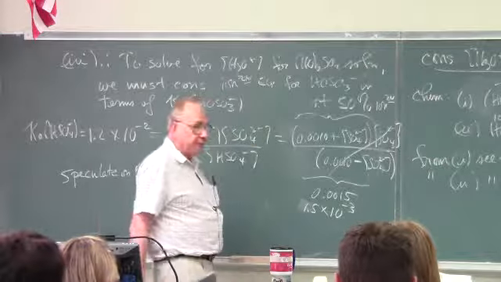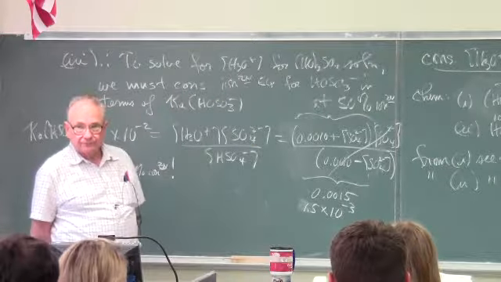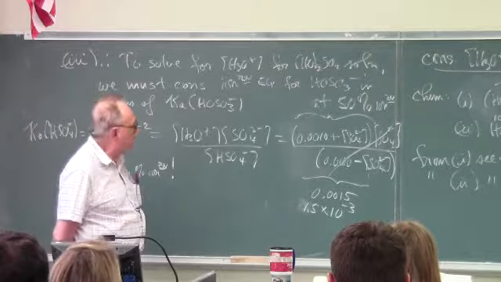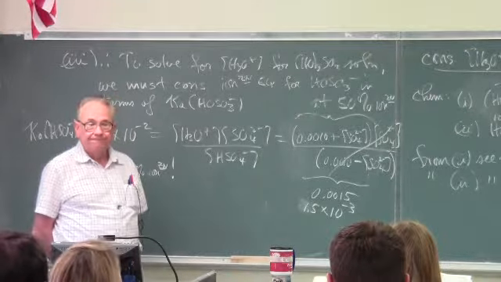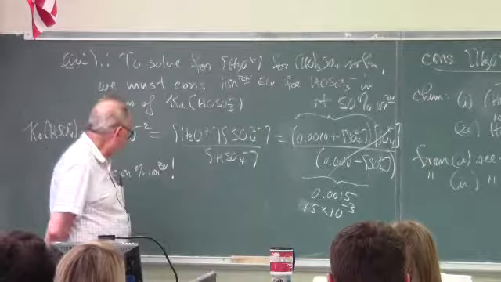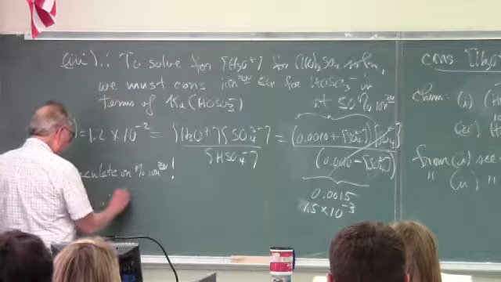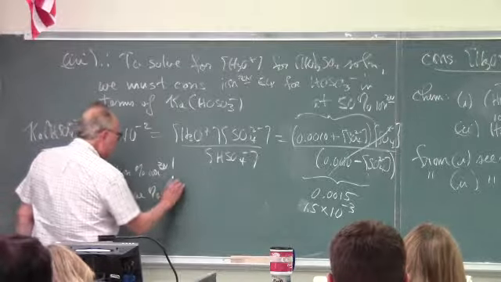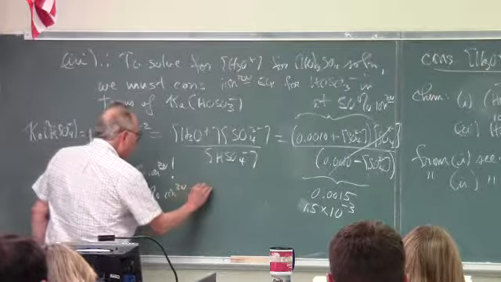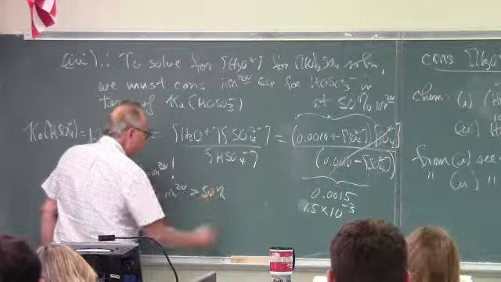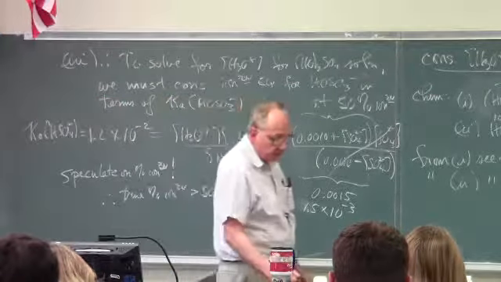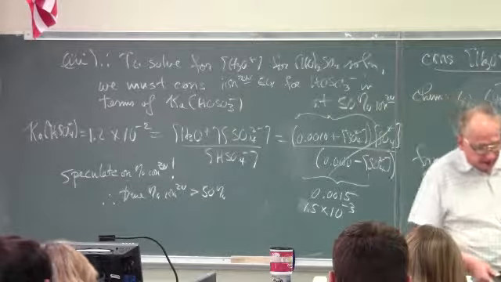So what do we know now for this solution? The true ionization extent compares how to 50%? Thus, true percent ionization is greater than 50%. Hey, you know what to do now. You can do the arithmetic. It's about 90%. Let me see what it is.